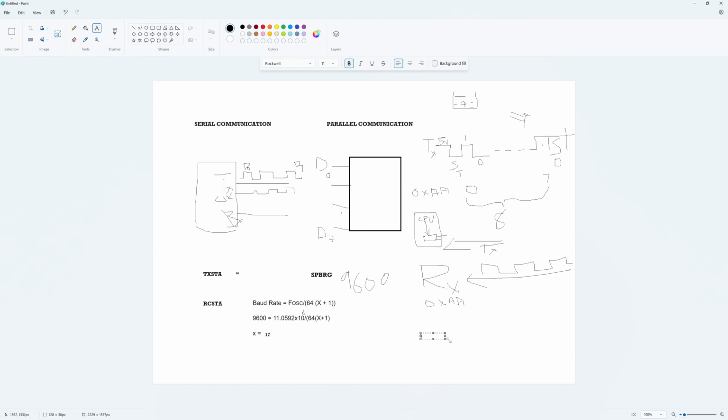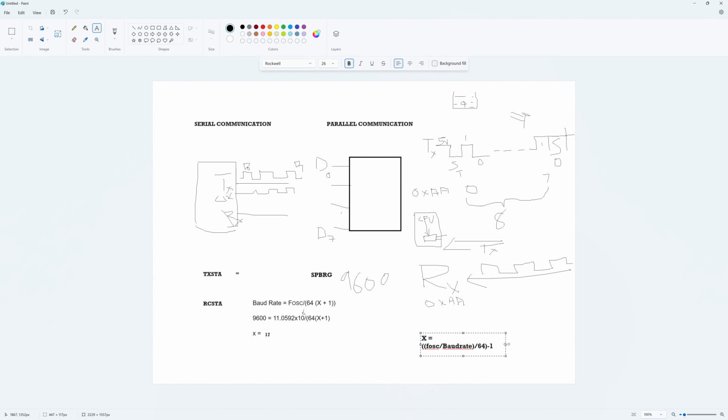If you properly shift values according to our requirement, you will get an equation like this: x equals our frequency of oscillation, FOSC, divided by baud rate, the whole thing divided by 64, keeping the entire value inside a bracket, then minus 1. So this is the equation.